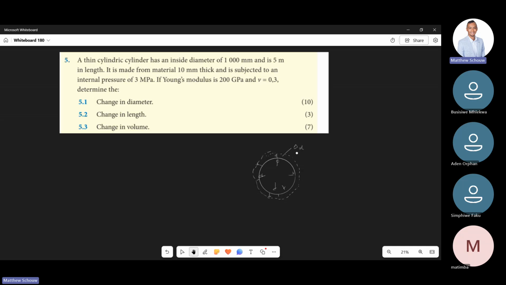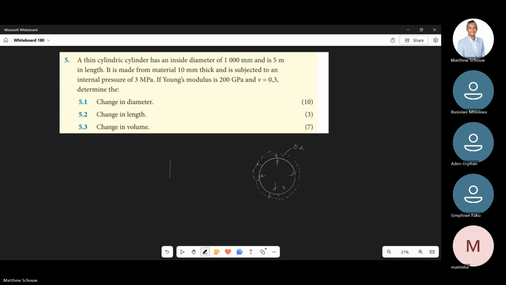We've talked about this in the other chapters in a different way. We have internal pressure, and the vessel itself will increase by a certain amount. That's the change in diameter.